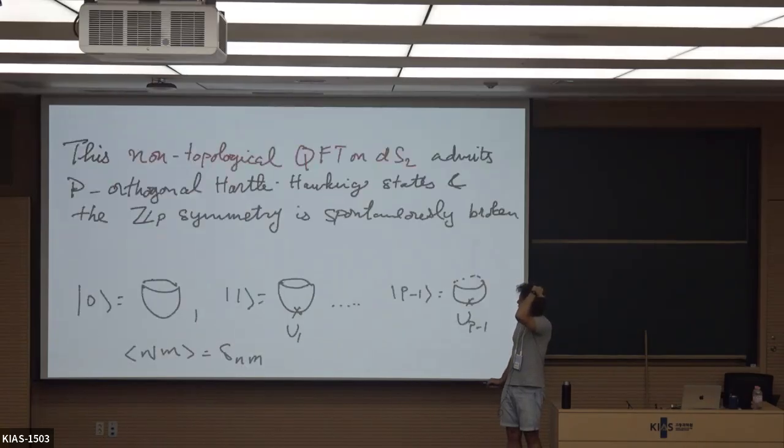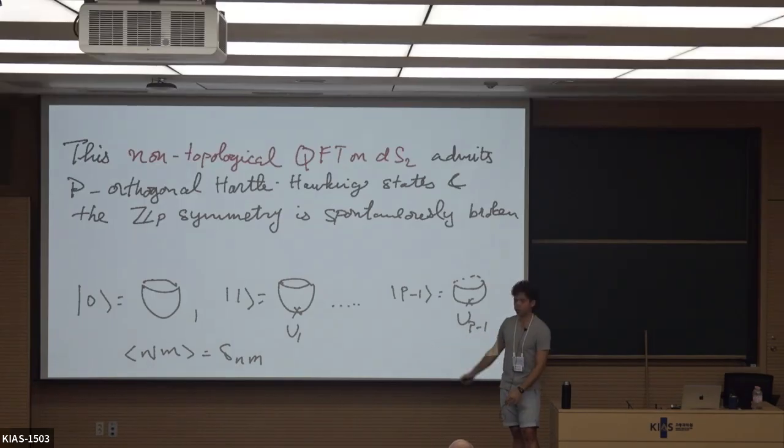Okay, but so the conclusion would be that now I can just run the game again. In this theory, which is non-topological, I have p orthogonal Hartle-Hawking states using the ZP symmetry, and this is evidence that the ZP symmetry is spontaneously broken.